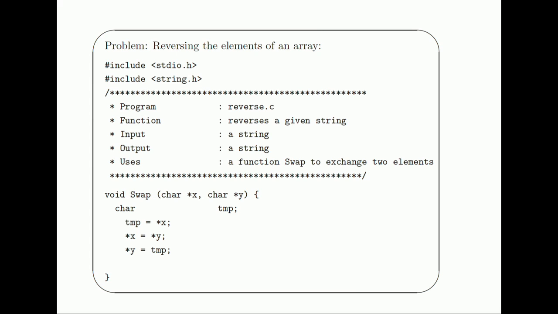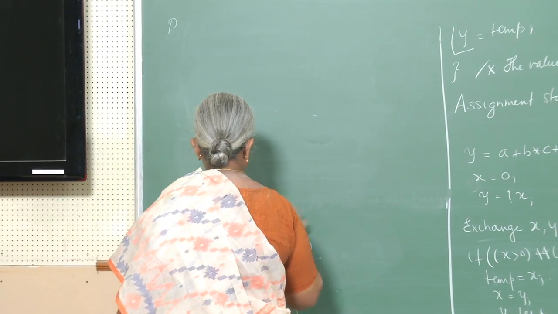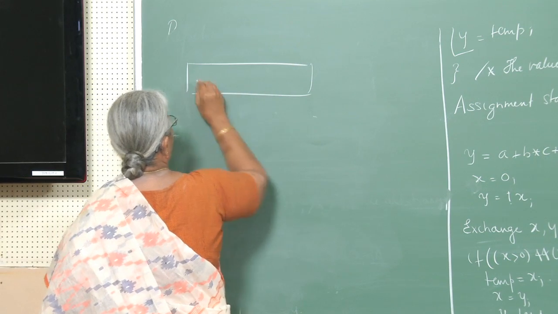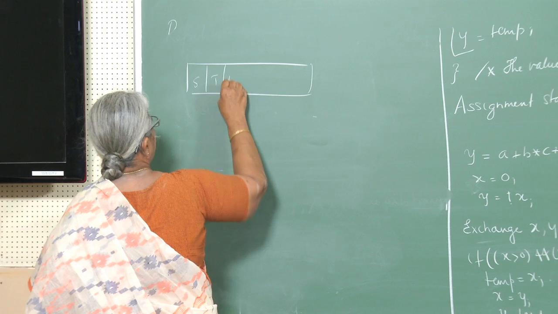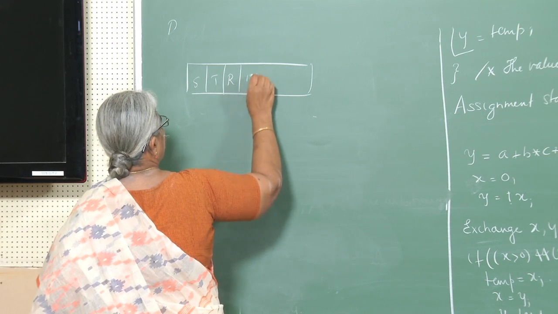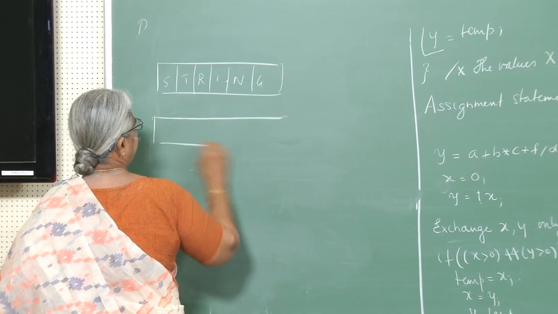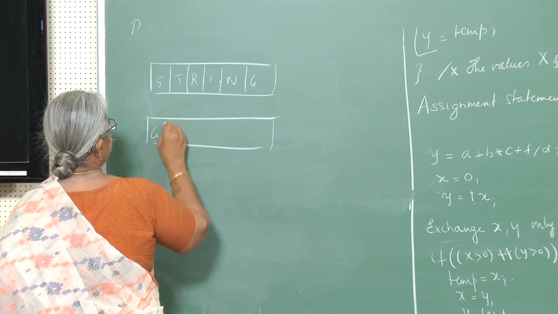So, that means I have a string like this, let us say I want to write a program of this kind where I am taking a string. I have a string like this and I want to produce this output. I want to do it in the same array.